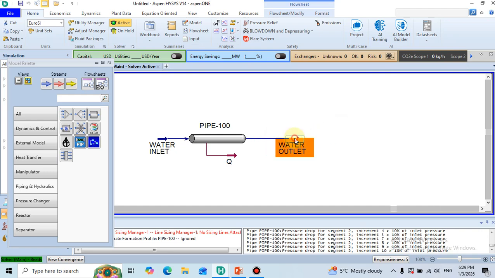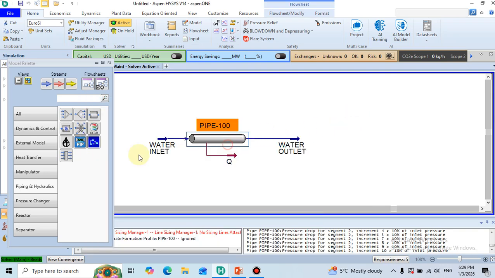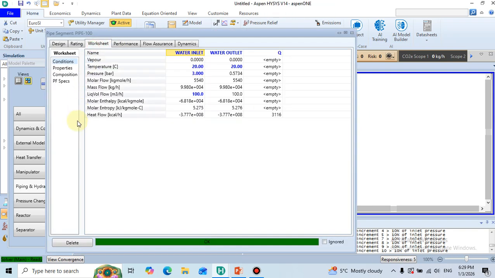So we have the outlet pressure of 0.5. As you can see, we have all the information, and we can watch the information right here.